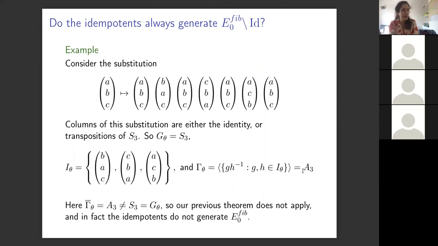So I get A3, which is normal. So the normal closure of the little structure group is A3, which is not S3. So our previous theorem, whose condition was G theta equals gamma theta bar, doesn't apply anymore. And in this case, the idempotents will not generate the fibered Ellis semigroup restricted to that fiber.